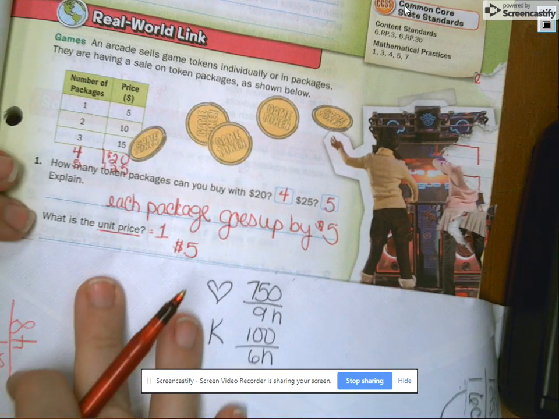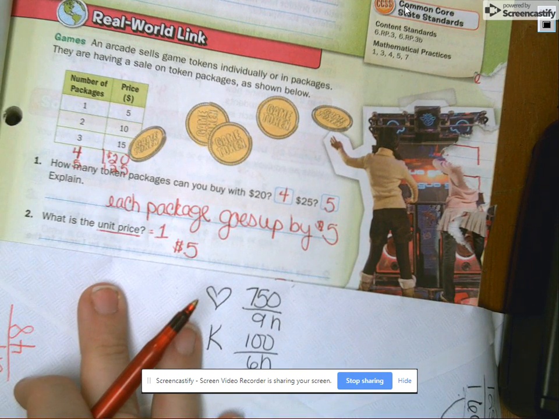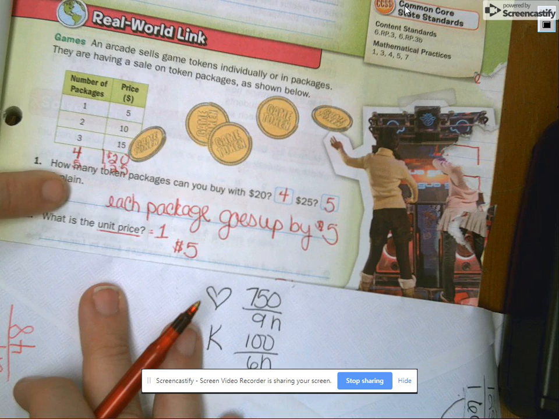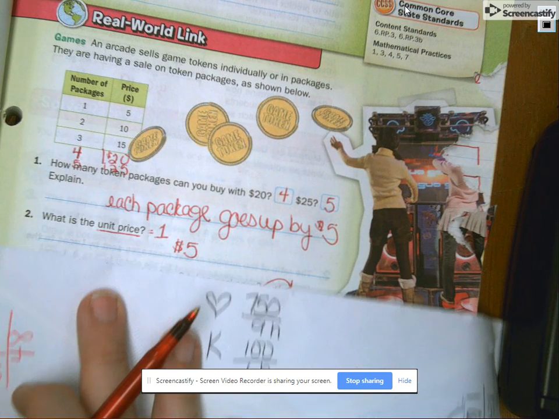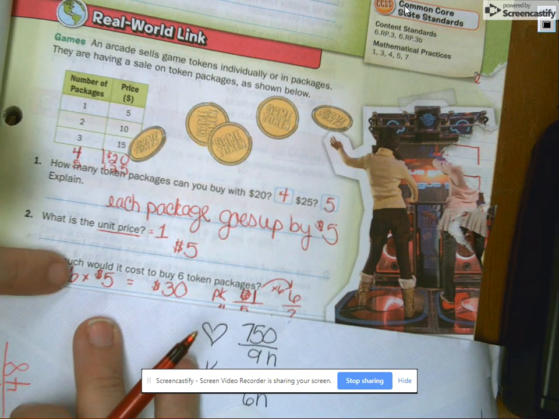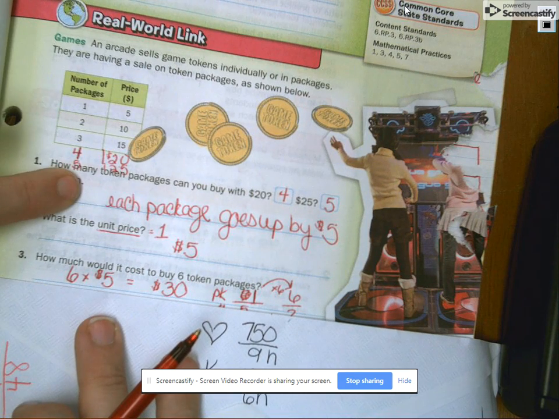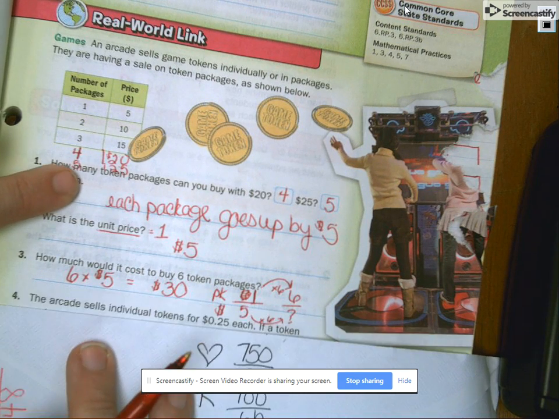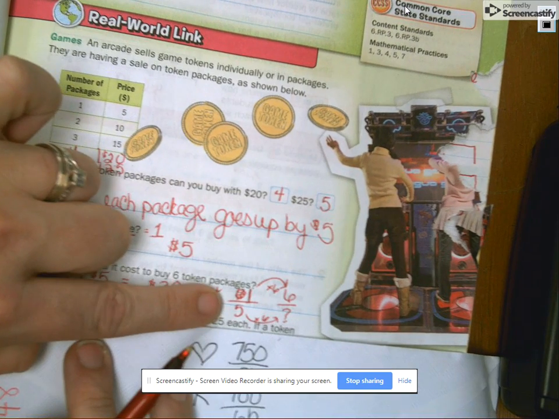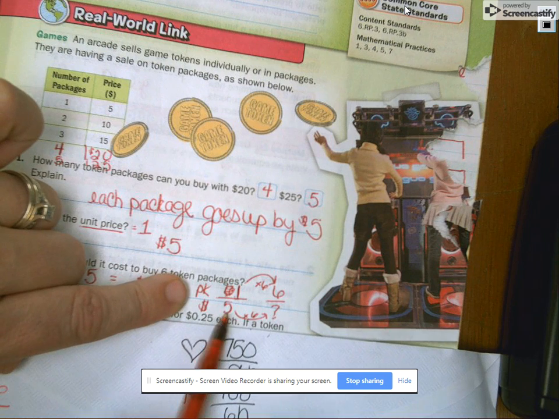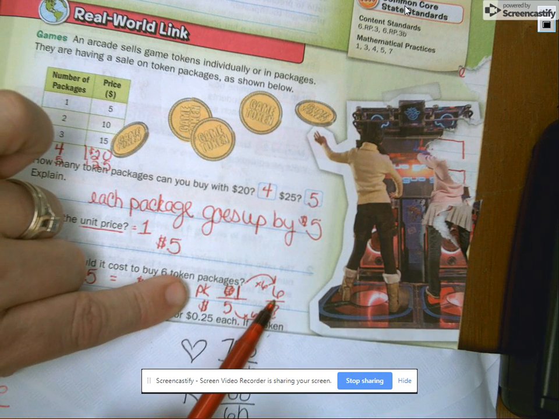Now for the next one, how much would it cost to buy 6 token packages? Go to number of packages, go to 6 and see what the price would be. I could do 6 times 5 is 30. I could have also just added another one on to my chart here, or I could have done equivalent ratios. I know one package is $5, but I don't need one package, I need 6 packages.